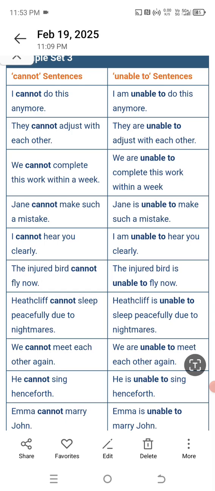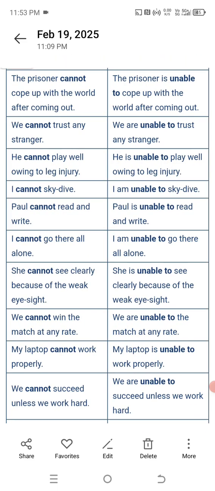We cannot meet each other again. Here, we are unable to meet each other again. The prisoner cannot cope up with the world after coming out. The prisoner is unable to cope up with the world after coming out.